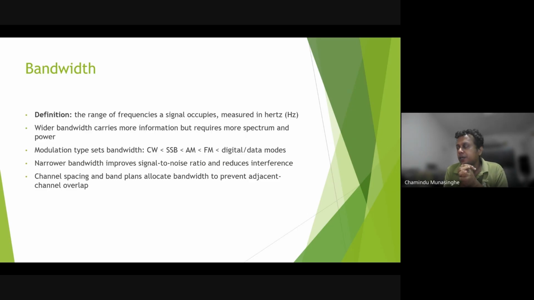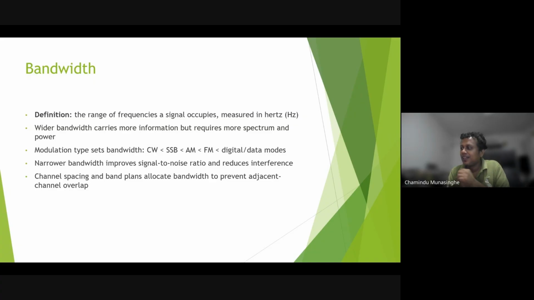Earlier we talked about sine waves, with one frequency. Now complex waveforms, we said that they are comprised of multiple sine waves. So essentially, the bandwidth of a signal is the range of frequencies that it occupies. From the highest frequency component to the lowest, what is the range?